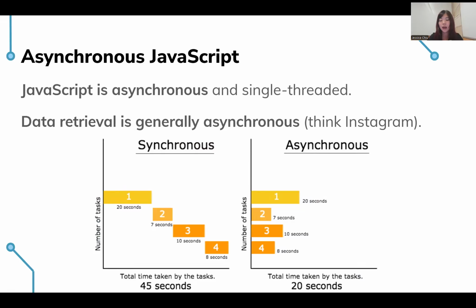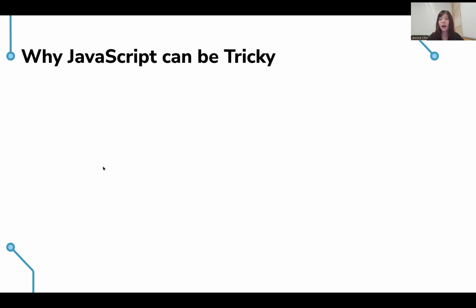But the asynchronous tasks happen in 20 seconds because they all happen concurrently. So that may seem like all our problems are fixed because it's asynchronous, but it can get a little messed up sometimes if we don't do it correctly.